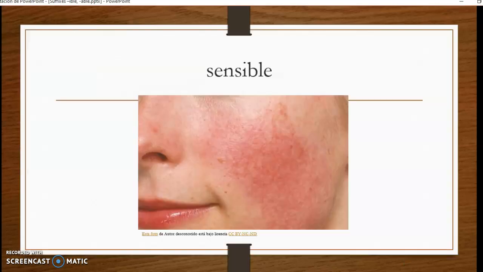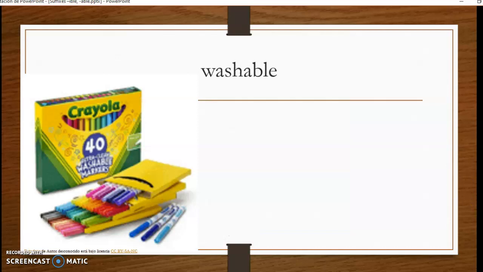The first word we have is sensible. I put here a picture of a face because sometimes the word sensible is mixed with the meaning of the word sensitive. A person can be sensitive, but skin can be sensible to cold or to a change of water or lotions.